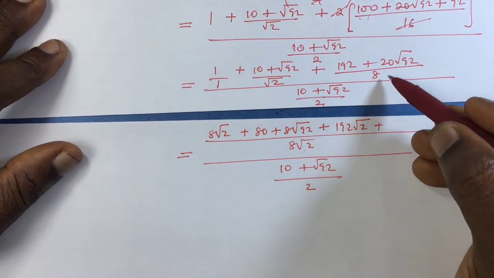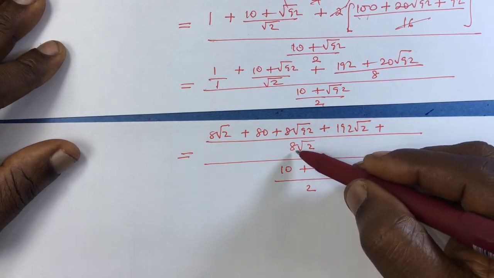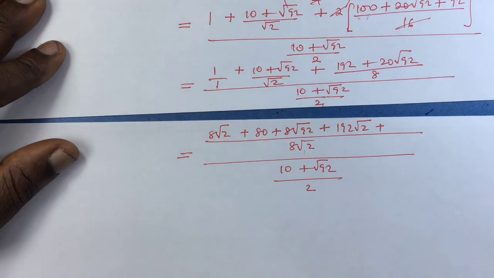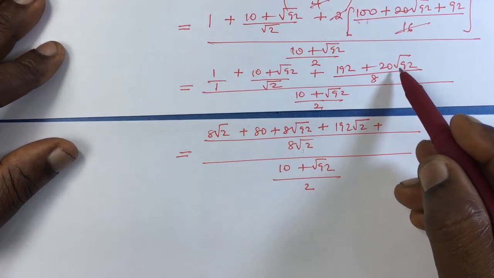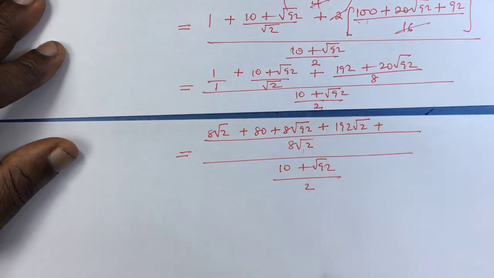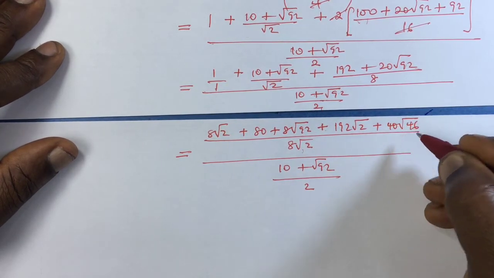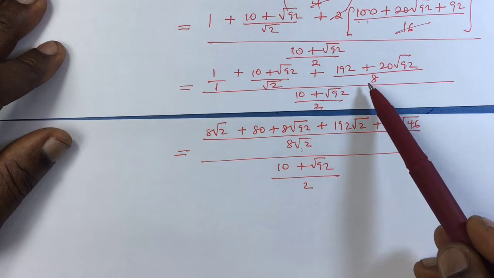Plus, now if 8 goes into 8 root 2, it will give you root 2. Root 2 times 20 root 92 will give you 40 root 46. Okay? So why is that so?